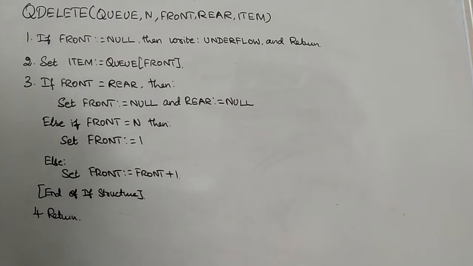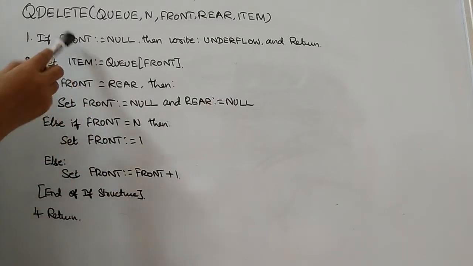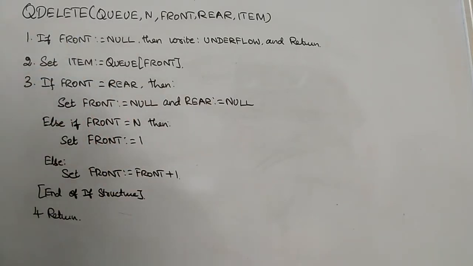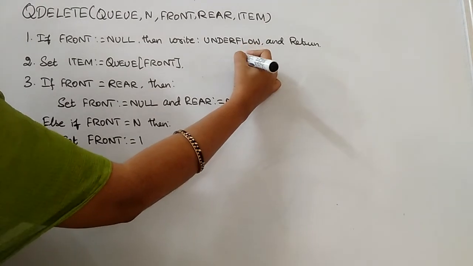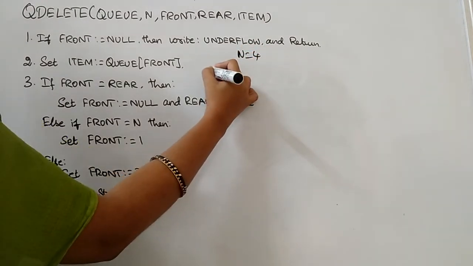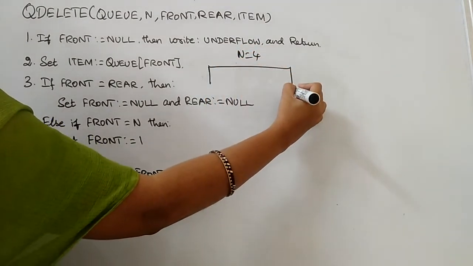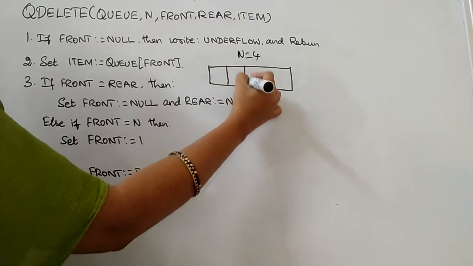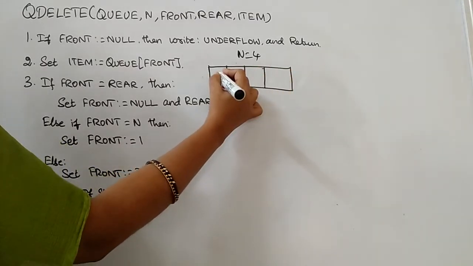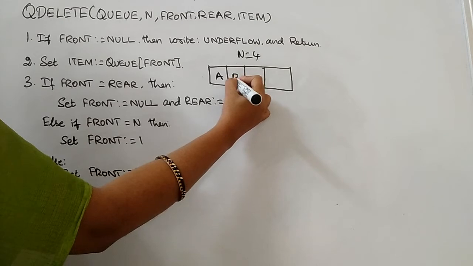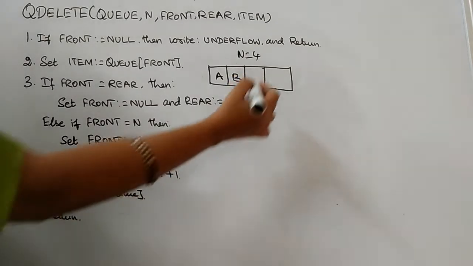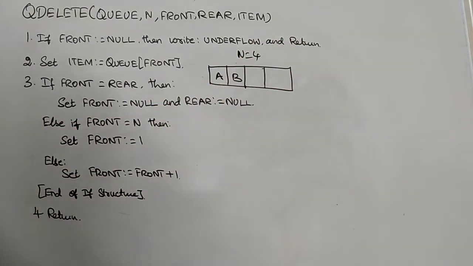And we return our program control. In case this condition fails, your queue has some elements. For example, I am taking n equal to 4. Assume you have 4 spaces, where A and B are standing and the remaining 2 spaces are free.